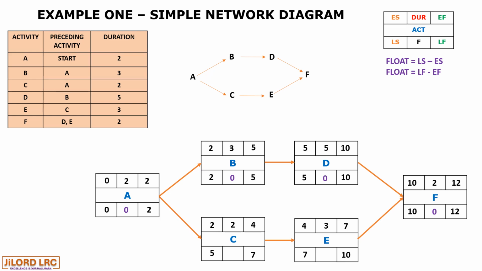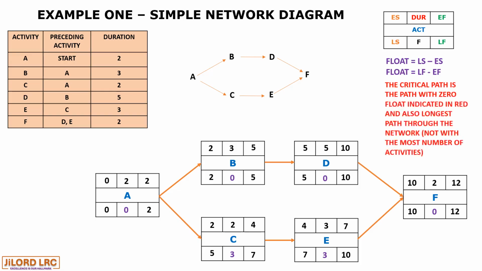Now, the critical path is a path with 0 floats, as indicated in red, and also the longest path through the network, not the one with the most number of activities. So the path with thick red arrows becomes our critical path. If any activity has a delay, it will lead to an extension of the completion date.